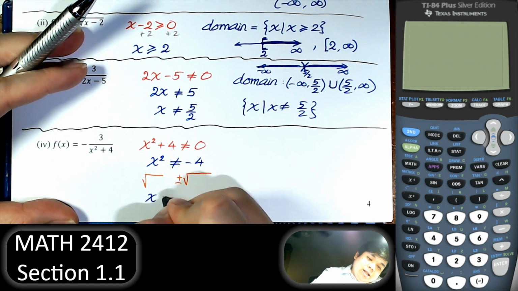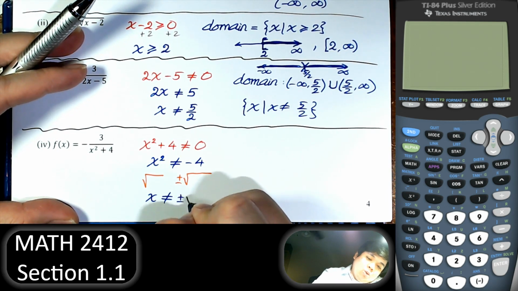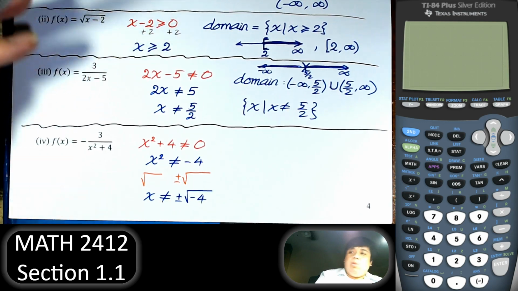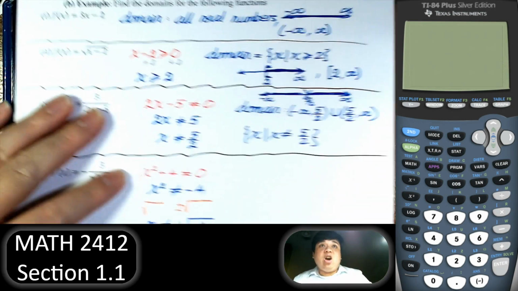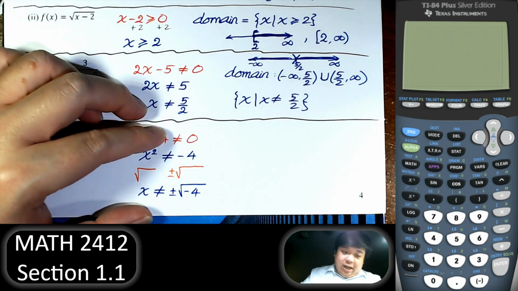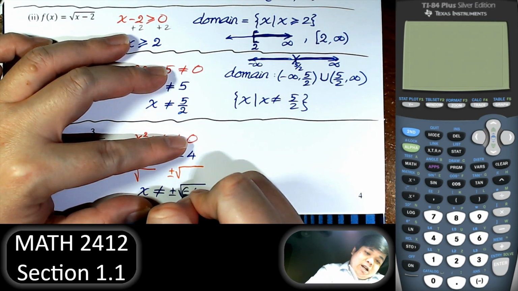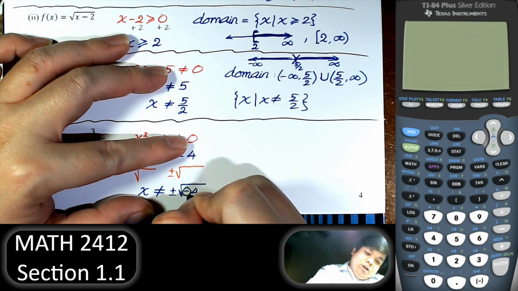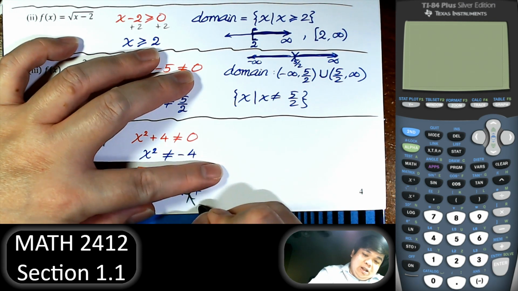So x not equal to plus or minus square root of negative 4. Regardless of whether we have the plus or minus or not, that's not really important. What important is that we have negative inside the square root, which is not real, or just say imaginary.